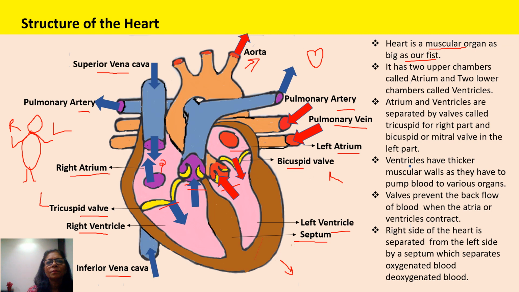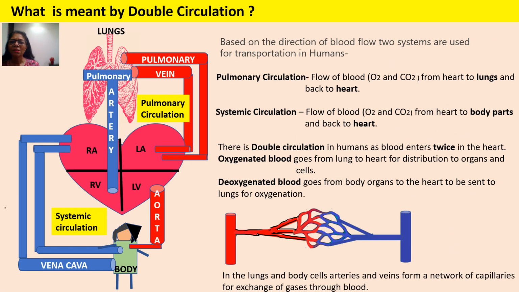Let us see what happens in the heart when it is contracting and relaxing. The heart contracts two times. The first time, the atriums, right and left, contract simultaneously, or together. When they are relaxing, the right ventricle and the left ventricle contract simultaneously.